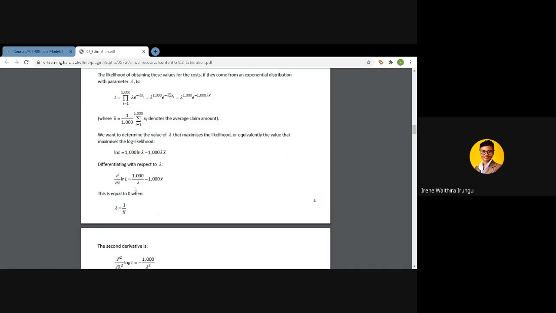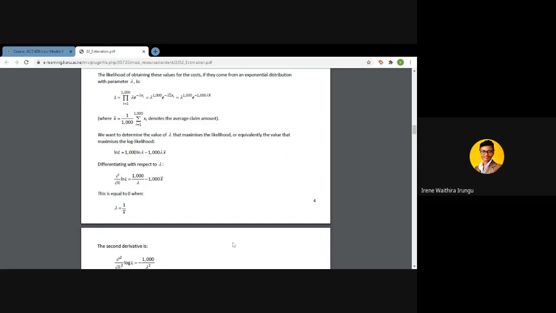So this is your derivative of the log of the likelihood. And once you have this, you can now equate it to 0 so that you solve for the unknown, which is your lambda. And in doing so, you find that your lambda in this case is 1 over your x bar.